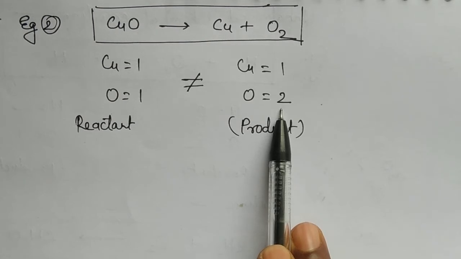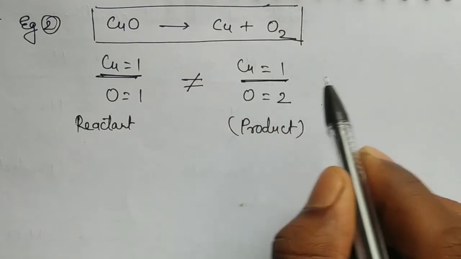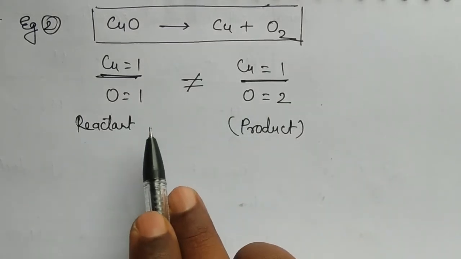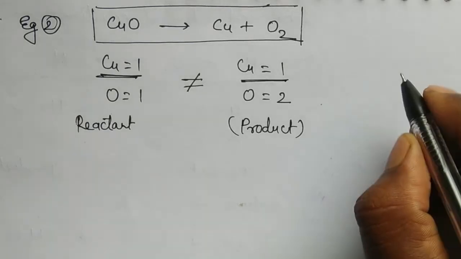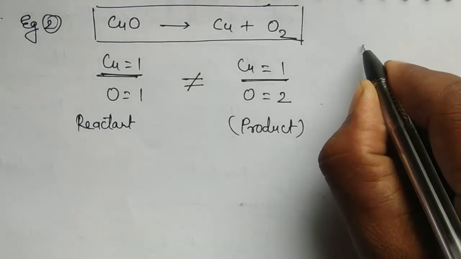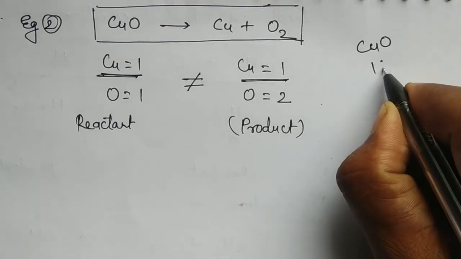So students, first of all you have to look: the number of atoms for copper is equal on both sides, but the number of oxygen is different. For the compound CuO, it means 1:1.